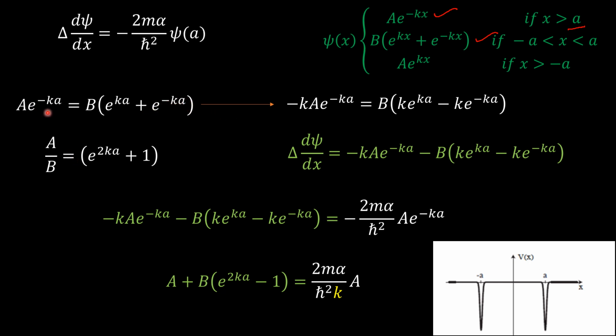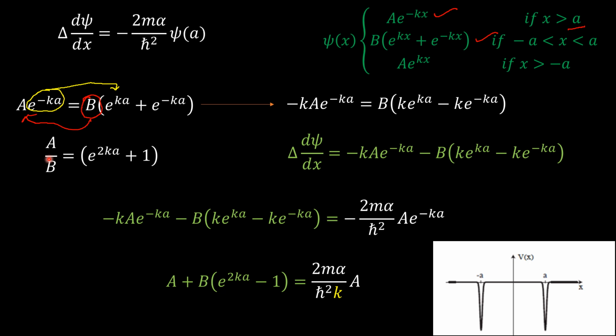Now you bring this p to the left-hand side. This will become A by p, and you take this exponential term to the right-hand side. So you have to divide this by e power minus ka.